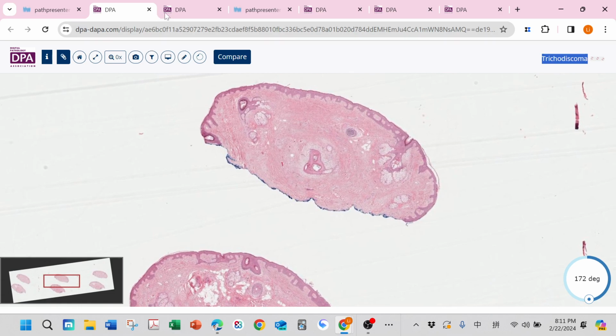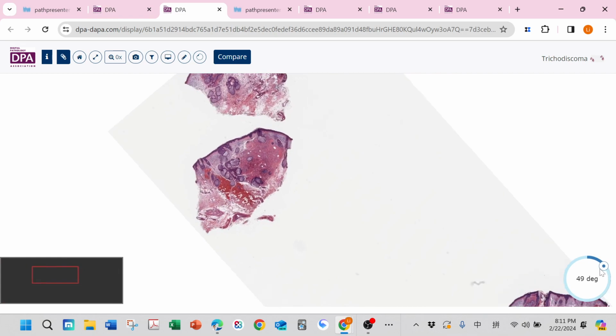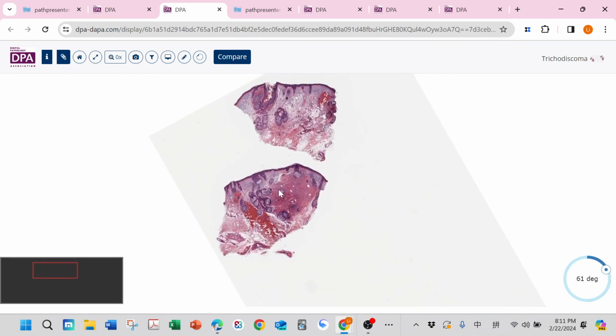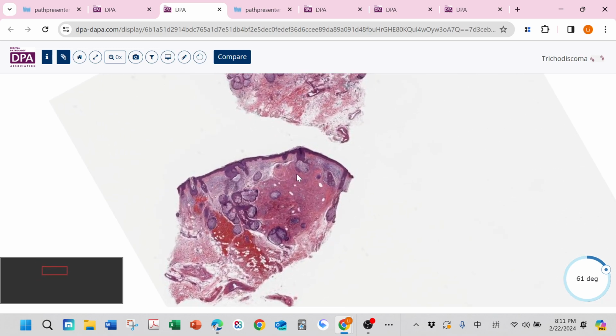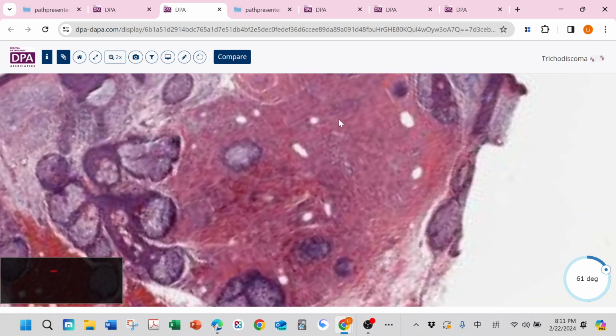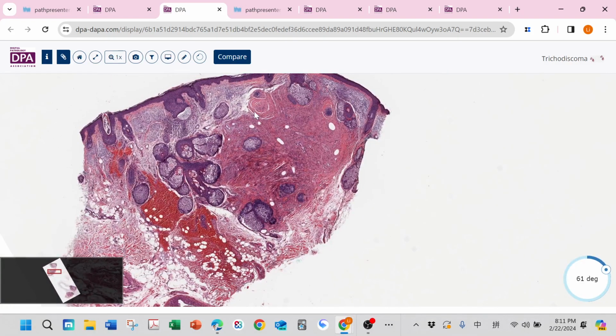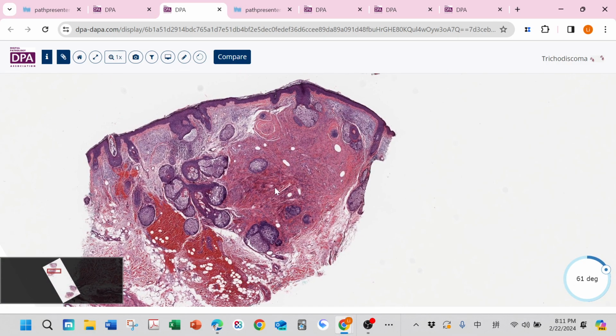Let's see one more trichodiscoma. Here you can see, you cannot see that dilated hair follicle, but you can see this stroma surrounding the hair follicle, and then just this stroma forming this tumor called trichodiscoma. I think this one is really good to make a contrast.